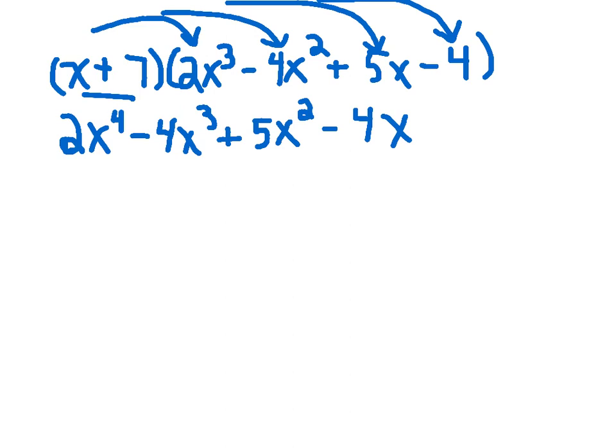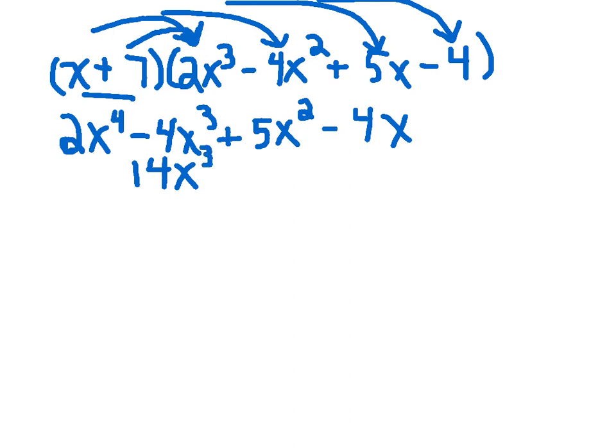Now when I get to distributing the next term over all of the terms of the second polynomial, there's a little way to do this that I think helps keep your work straight. 7 times 2x to the third is 14x to the third, and I'm going to line it up with its like term.